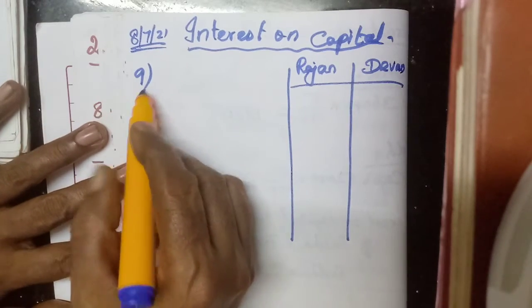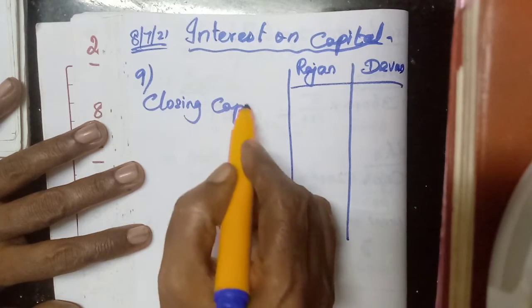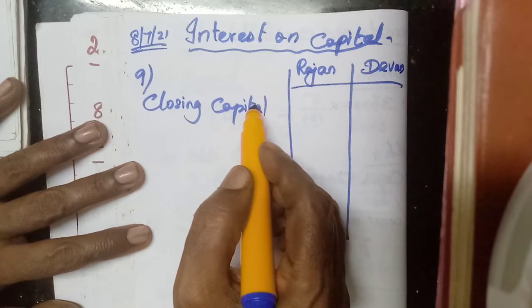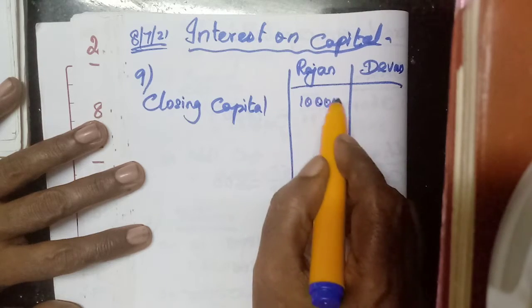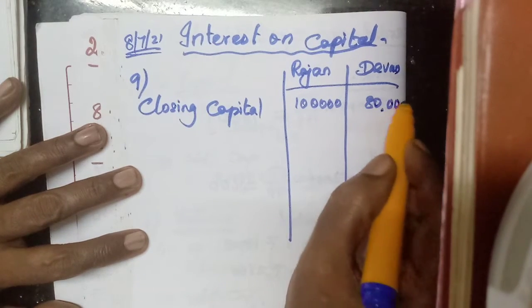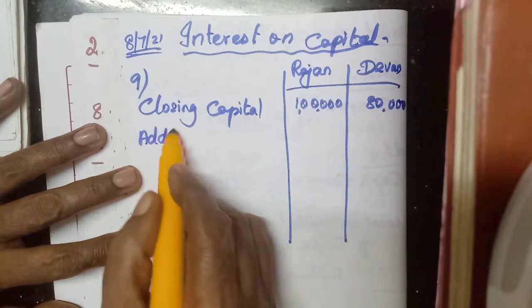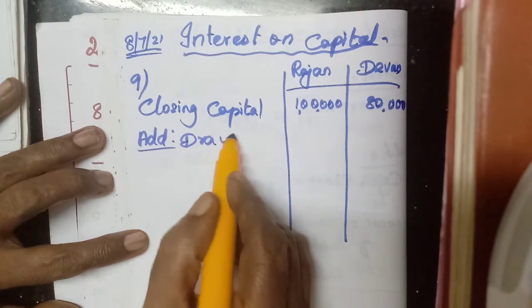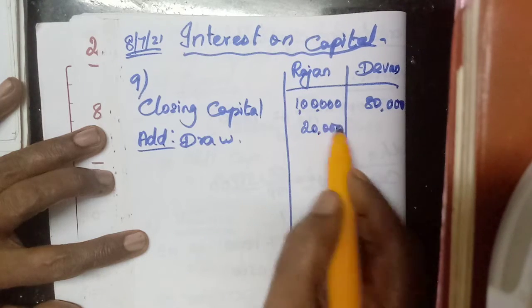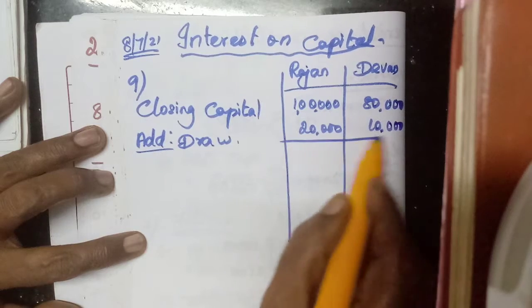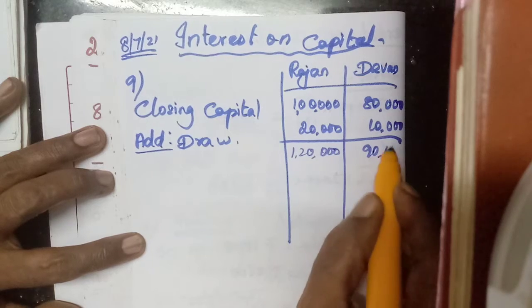First, closing capital. That is given in the balance sheet, isn't it? 1,80,000. Then add drawings. Drawings 20,000 and 10,000 are given. So 1,20,000 here and 90,000 here.